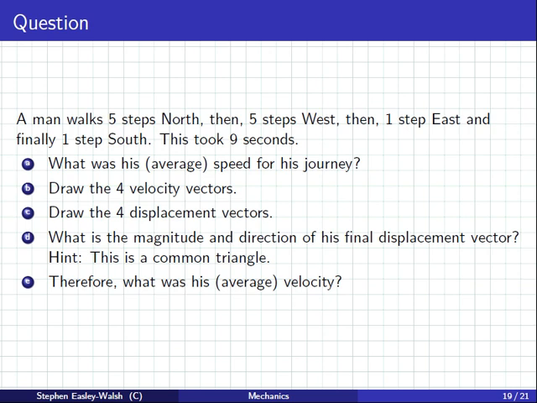Okay, how are we doing? About the velocity vectors? Is the speed constant? The speed is constant, I suppose, yeah. The velocity is definitely not, because it keeps changing its direction. But we can imagine he's walking at a constant speed.